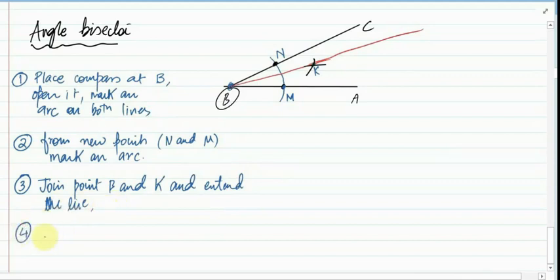Now the line BK is the angle bisector of angle ABC. Those are your steps of construction. You can write them down in your copies.